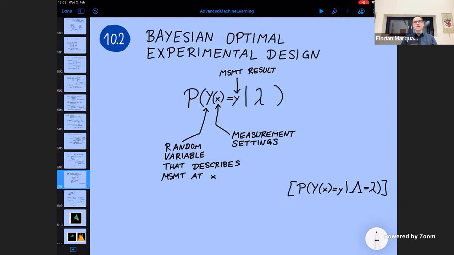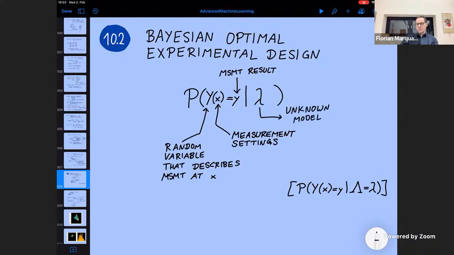Okay, so we started already a little bit with that direction. Last time we said when we talk about a model now, we will assume that somehow I have access to a probability distribution that describes the outcomes of measurements. These outcomes of measurements do depend on unknown model parameters, here called lambda.